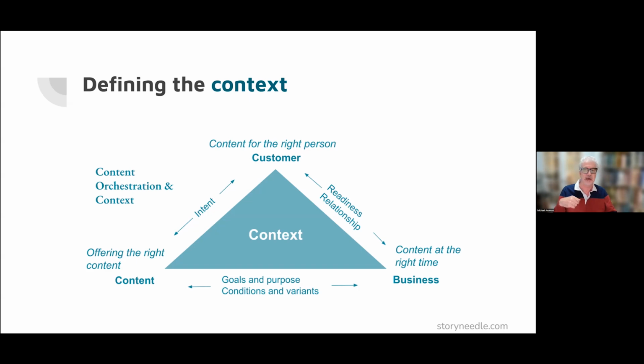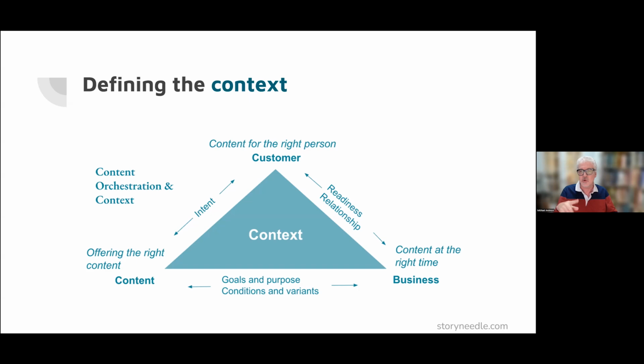What is it that the customer is expecting of the business? What is the business in a position to do for the customer? And also to think about what the business needs to be preparing in the way of different content variations. So they have different conditions that they're thinking about, things that they want to offer at different times.